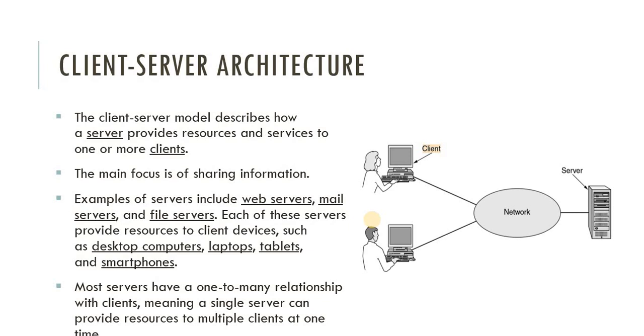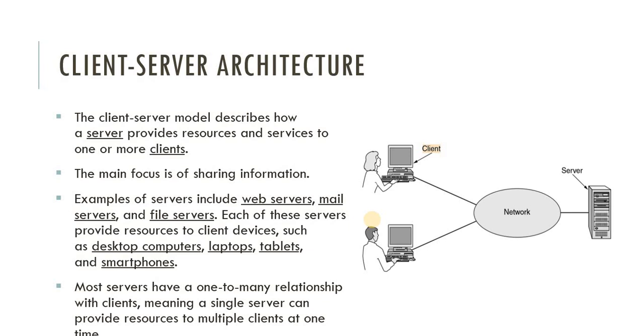For example, when a person at home accesses a web page on the World Wide Web, the same model is employed, with the remote web server being the server and the user's personal computer being the client. Under most conditions, one server can handle a large number of clients simultaneously.